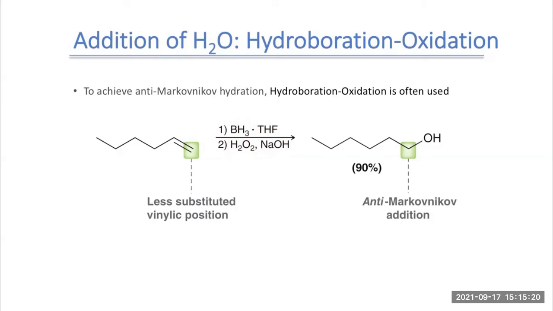So what happens here is this gives our anti-Markovnikov addition, or we can think gives our syn stereochemistry. And then you can also use, instead of the BH3, you can use diborane, which is B2H6.